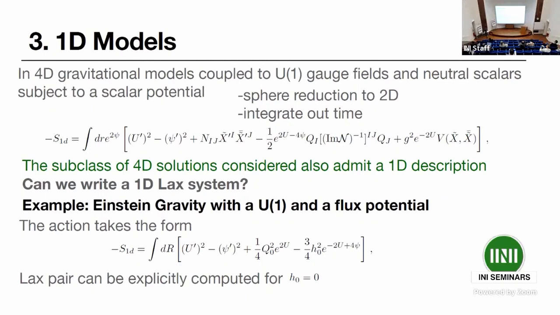So we have rotated all the charges, and basically these are the terms that appear. So this flux is H0, and then you can see that basically the system decouples for H0 equals 0. So basically everything becomes integrable, and that would mean that we can write a Lax pair for the H0 equals 0 case without much difficulty.